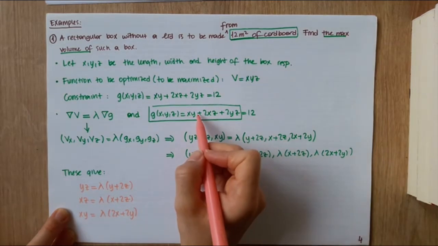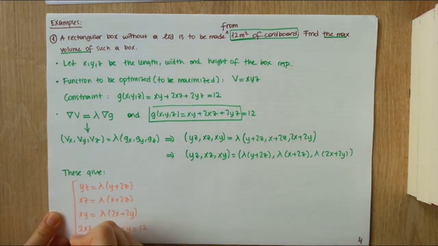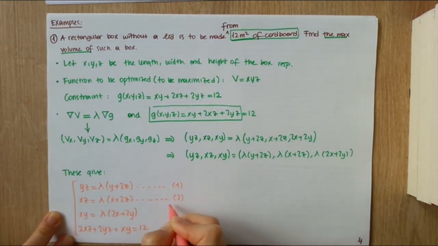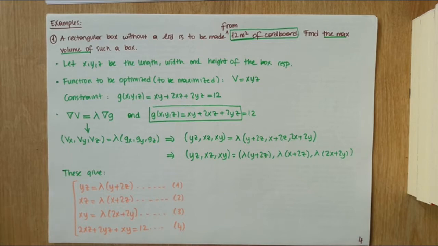And also we have one more equation here, 2xz plus 2yz plus xy equals 12. So we have 4 different equations to solve, and we are looking for x, y, z, and lambda which satisfy these 4 equations at the same time.